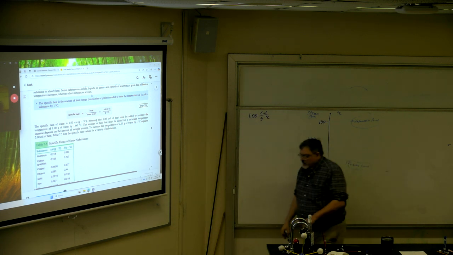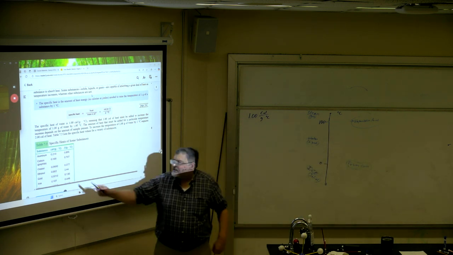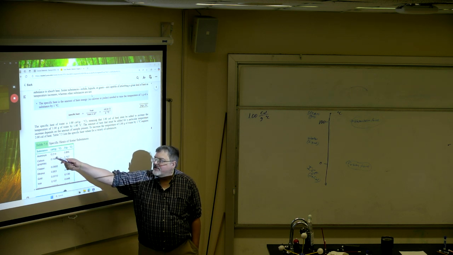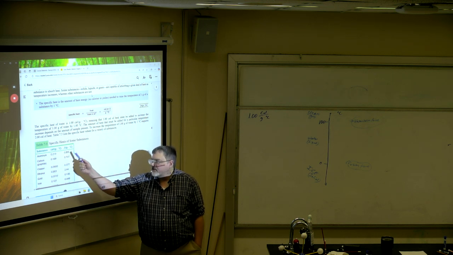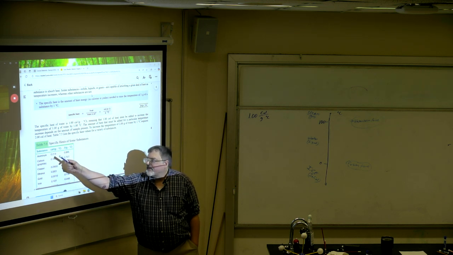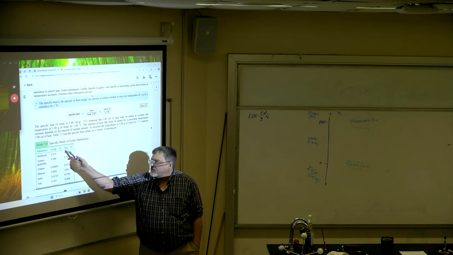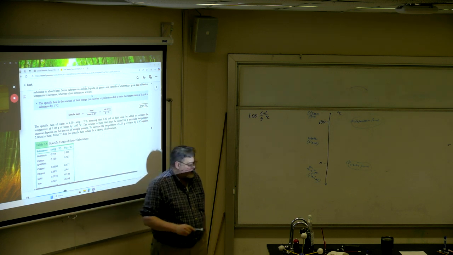In this chart, we'll kind of stick to calories. I think most of the time this book sticks to calories, but there's also joules. So you have calories per gram per degree C, and joules per gram per degree C.